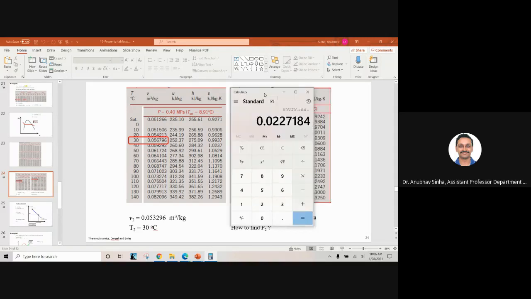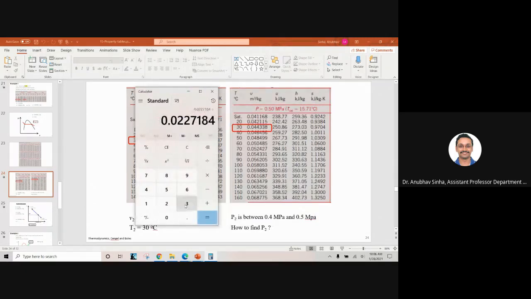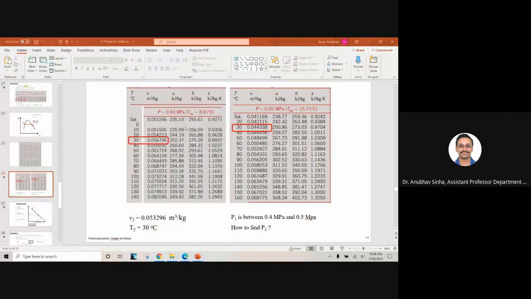Okay, let me divide it by 0.5. This should ideally work. 0.040. We are getting some small change. Maybe this is because of round-off error. I will anyway check. This should be working because we are talking about a superheated state.